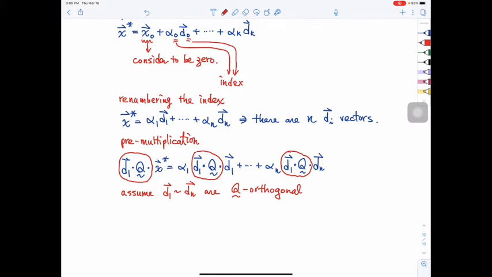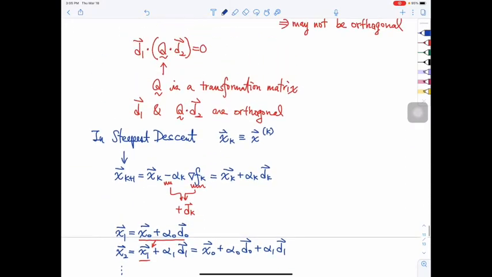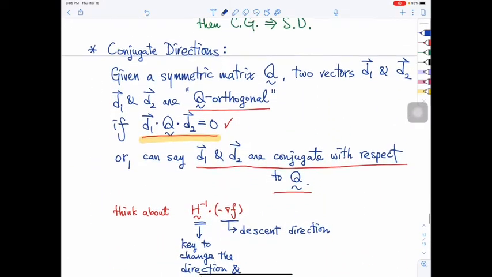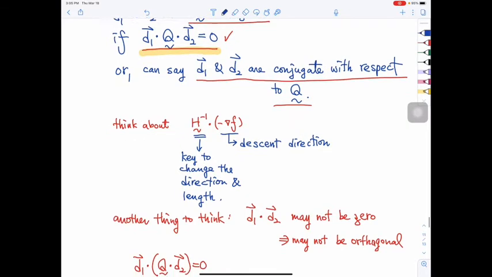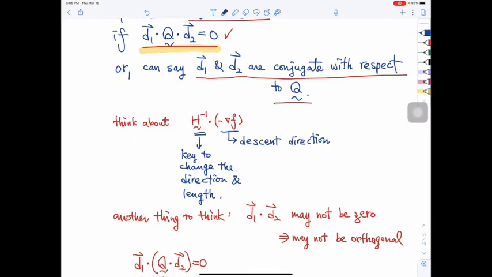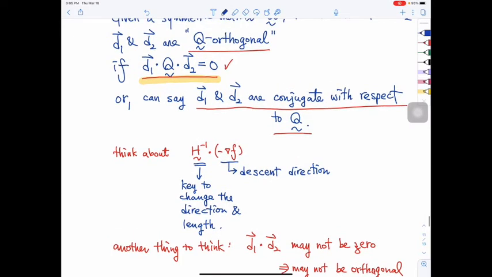Yeah, we get a lot of zeros, right? Good. So if we have this, many of them are zeros because, let me remind you, if d1.q.d2 equals 0, it's called Q orthogonal. These two are Q orthogonal.